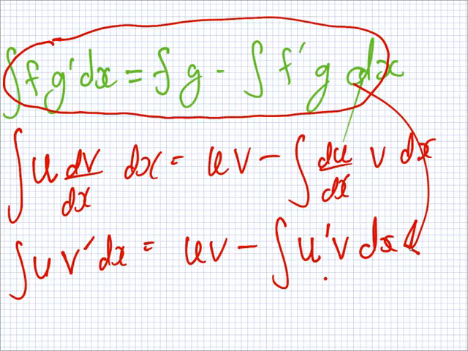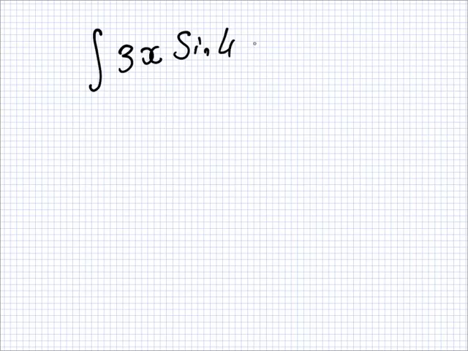Right, so let's have a look at that question then. You want to integrate 3x sine 4x. Okay. Right, so this one here, this is our f, and this is our g derivative.